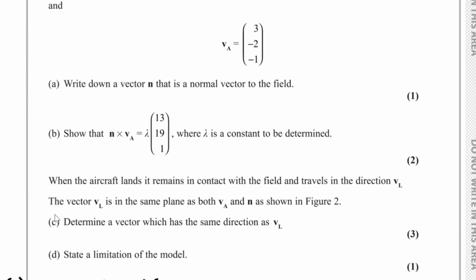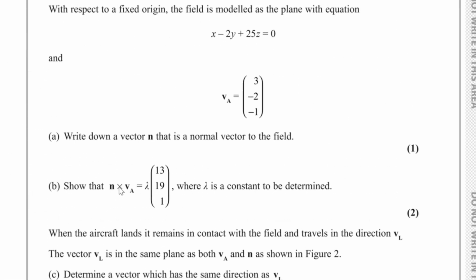Now, for part B, we have to show that n cross VA is equal to lambda lots of (13, 19, 1), where lambda is a constant to be determined.